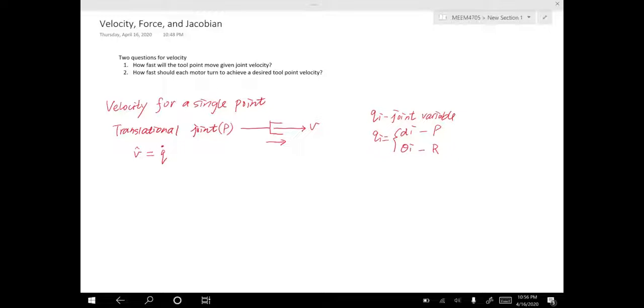Because this is a vector, we want to give a direction. So this is q dot times k as a vector, and k is a unit vector showing the direction.